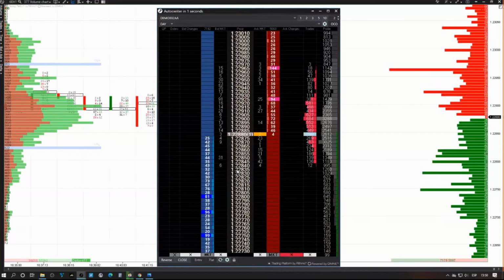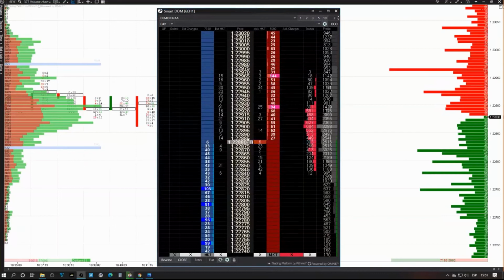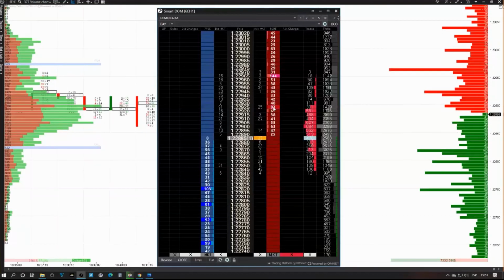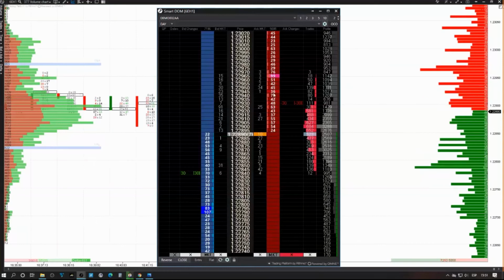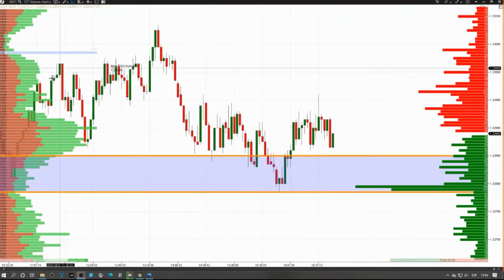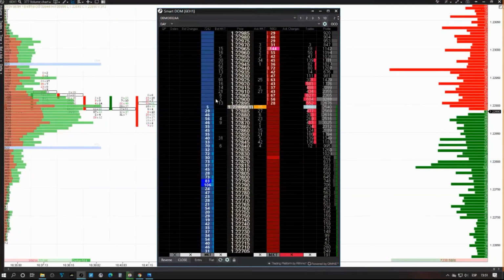You can see the price is right in the middle. This red column is the selling pending orders. Here on the blue column you can see the buy pending orders in the market. So it's pretty much the same as we have on the chart on the right side, but it's here.